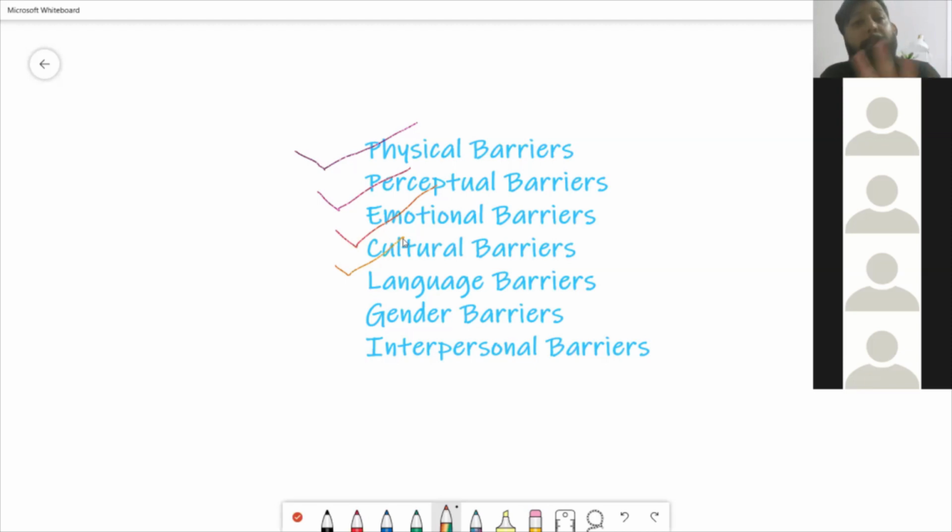A cultural barrier is going to be of the sort wherein you realize that this person is talking about one festival and you are talking about another festival, and you do not have an understanding about each other. When you know what the food or the dish is that you're talking about, but it is prepared in a different way in Jammu and Kashmir vis-a-vis the method of preparation in Gujarat.